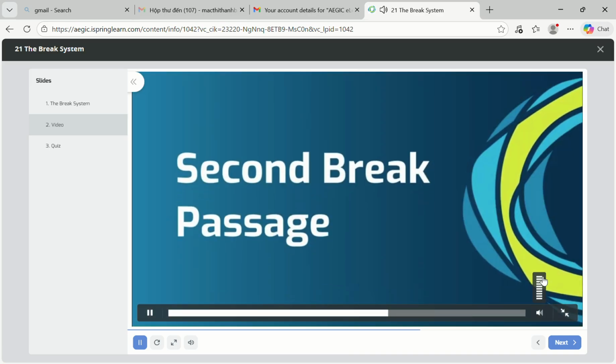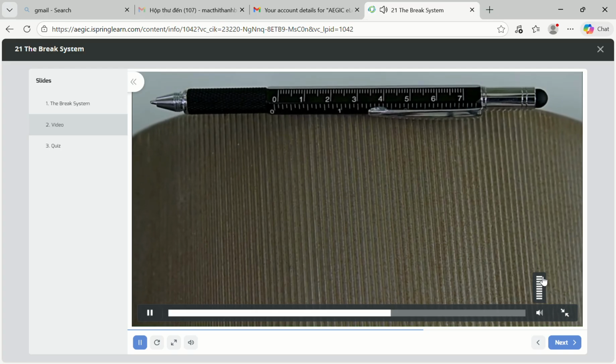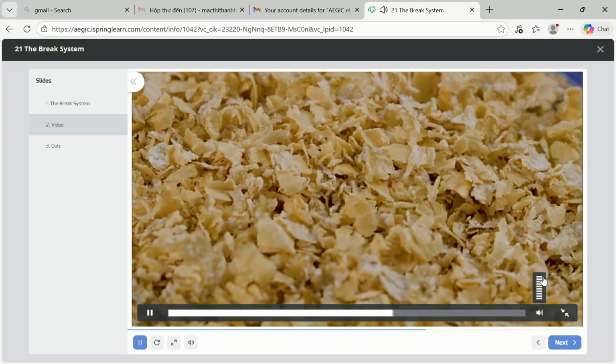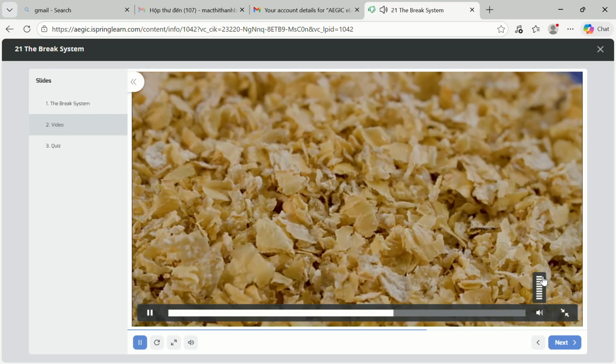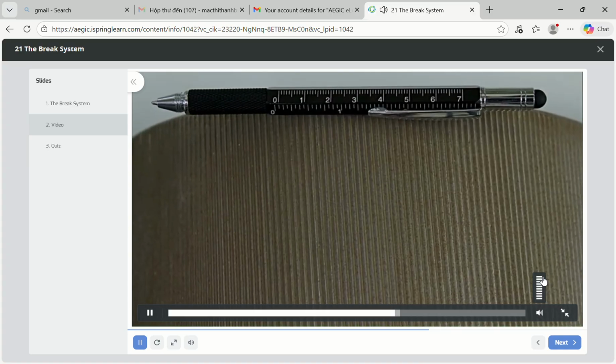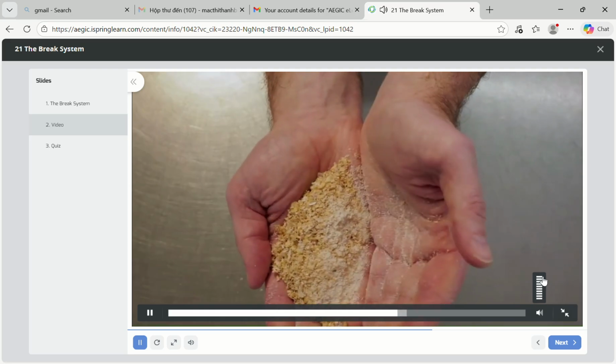Second brake passage. The fluting on second brake rolls is slightly finer than for first brake to more effectively scrape off the endosperm. Finer fluting risks fracturing more of the bran to flour, but is necessary to separate a satisfactory proportion of endosperm from the bran.